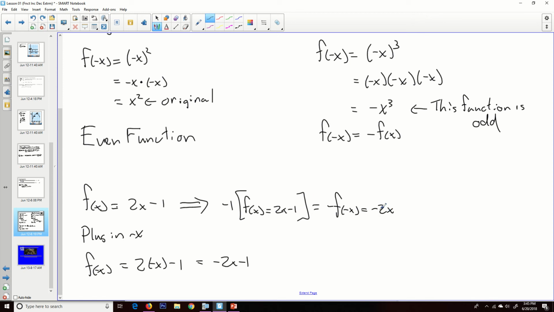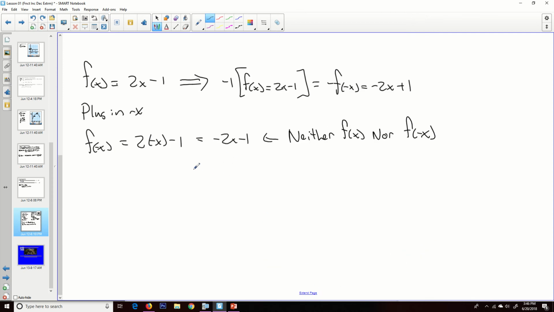So negative 2x, and then negative and negative becomes plus 1. So this is neither f of x, nor is it negative f of x. So this particular function is a neither function. All right, those are some quick examples.